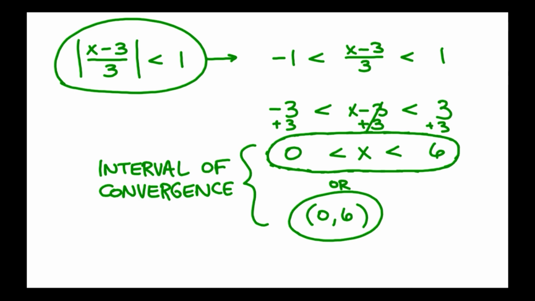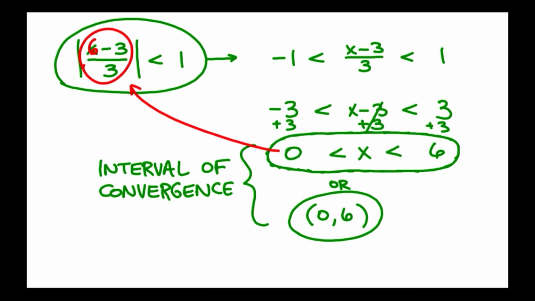And the reason why is the endpoints come from r being equal to 1. Think about this. If you plug the 6 in, the reason that it's a border point is it's going to make it a 1 inside. If you plug the 0 in, the reason it's a border point is it's going to make it a negative 1 inside, and then the absolute value would change it. If you are multiplying by 1, think of a number in between 1 and 10.